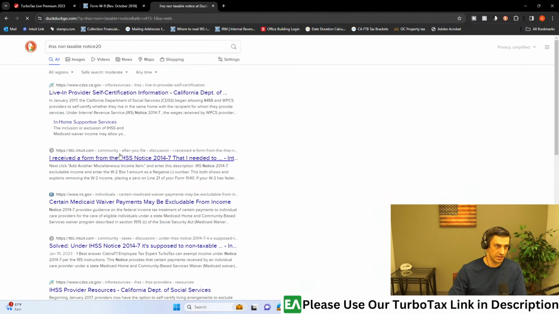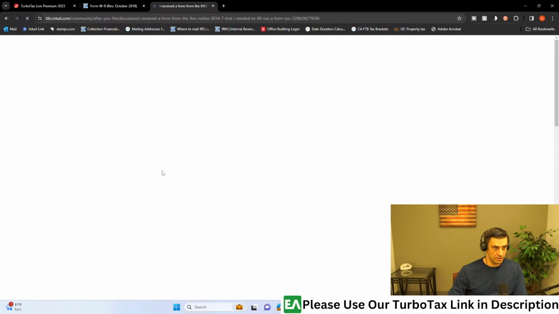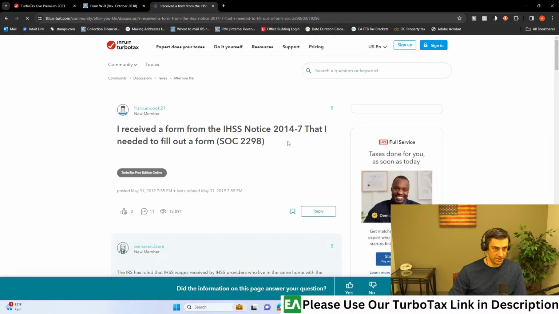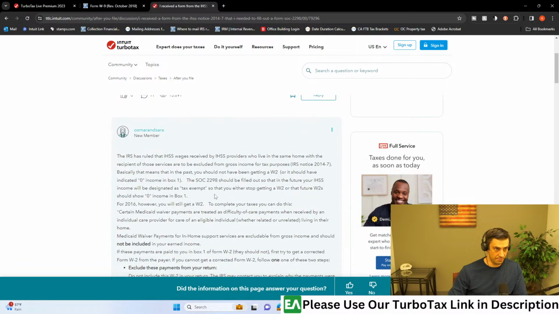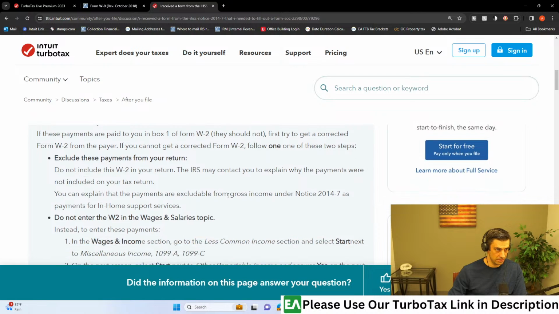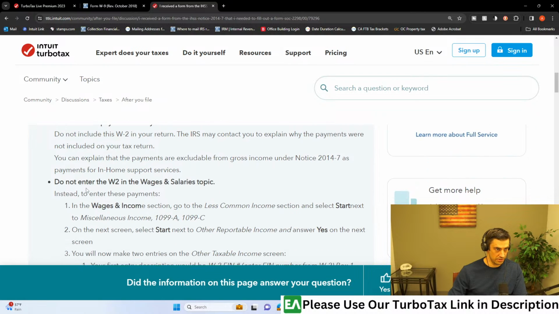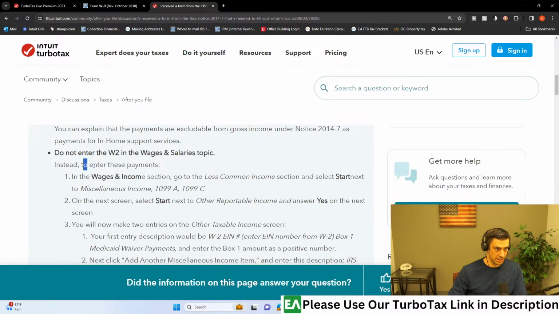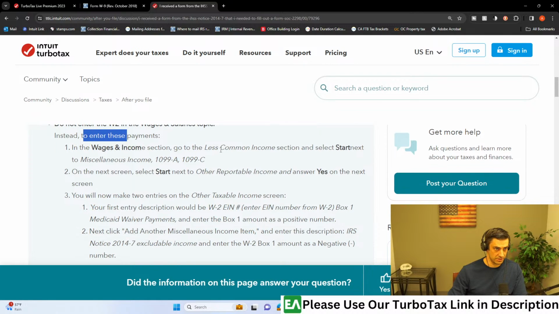There it is. This is what we have to type in so I can fill out a form. Look at TurboTax coming in for the win. Exclude these payments. Do not enter W-2 wages. Instead, to enter these payments, go to the wages and income section, then the less common income section, start and miscellaneous. What?